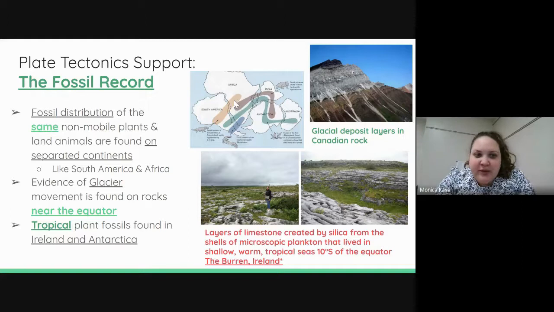Evidence of glacier movement is found on rocks near the equator, and we know what we know about glaciers from it being cold, and those glacier deposits are in those different areas. We'll also find tropical plant fossils in Ireland and Antarctica, so tropical plants in colder areas and places further from the equator help to support this idea of the shifting of the plates.